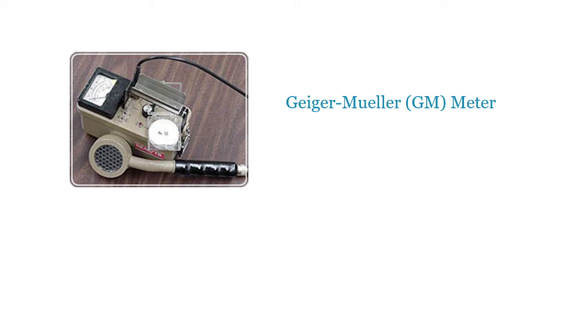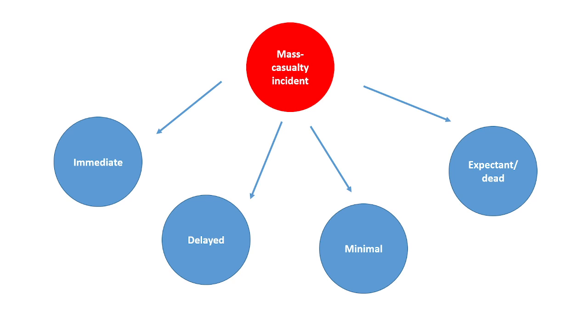This tube is filled with inert gases like argon, neon, and helium, and when it is exposed to radiation, electrical power is generated which passes through these inert gases, causing generation of detectable pulses, which are determined and displayed on the electronics. These Geiger-Mueller meters are able to detect alpha, beta, and gamma rays, more efficiently with beta rays. Now moving on to triage.